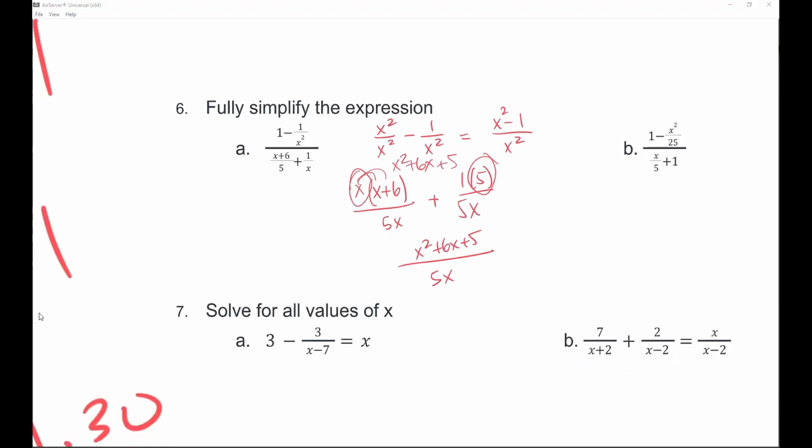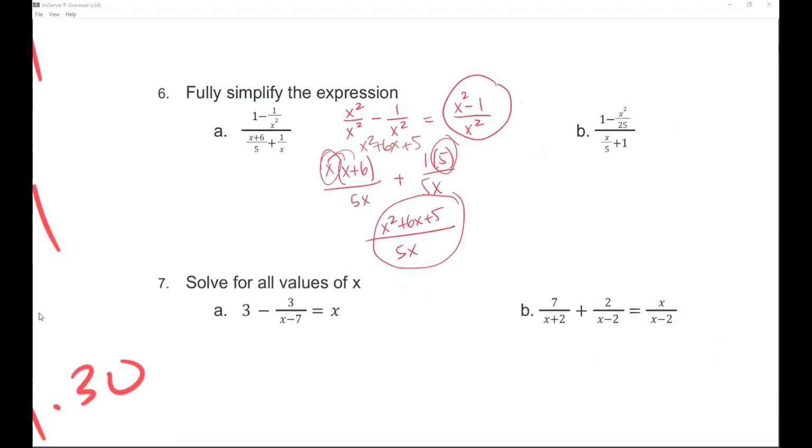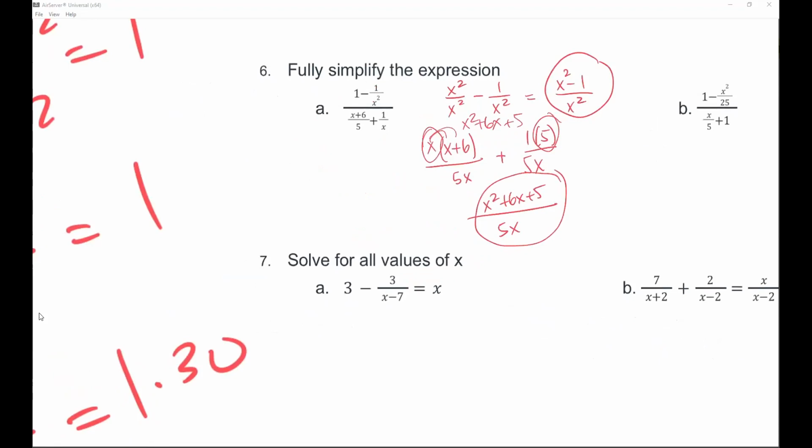Okay. All right. So we have this right here. We have this right here. And then we want to divide those two. When we divide them, it's x squared minus 1 over x squared times 5x over x squared plus 6x plus 5.